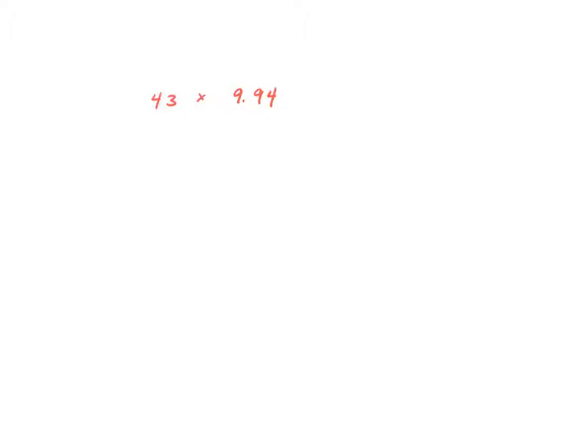So instead, I'm going to treat this as if it were just a whole number problem without a decimal, just like I did on my previous ones, because I know that's what's going to be in my numerator. So if I'm doing traditional multiplication, I'm going to always put the number with the most digits on the top, and then I'm going to line this up just like it was a whole number problem.